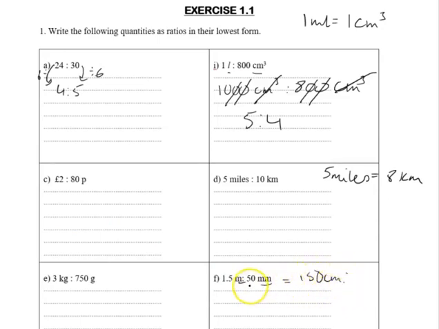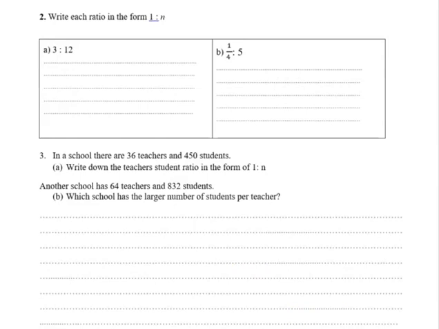Now millimeters into centimeters, you divide it by 10. So we're going to get 5 centimeters. Now the units cancel out, and we're going to divide both sides by the same number. The highest common factor here I can see is 5. So we're going to divide them both by 5, and we're going to get 30:1.